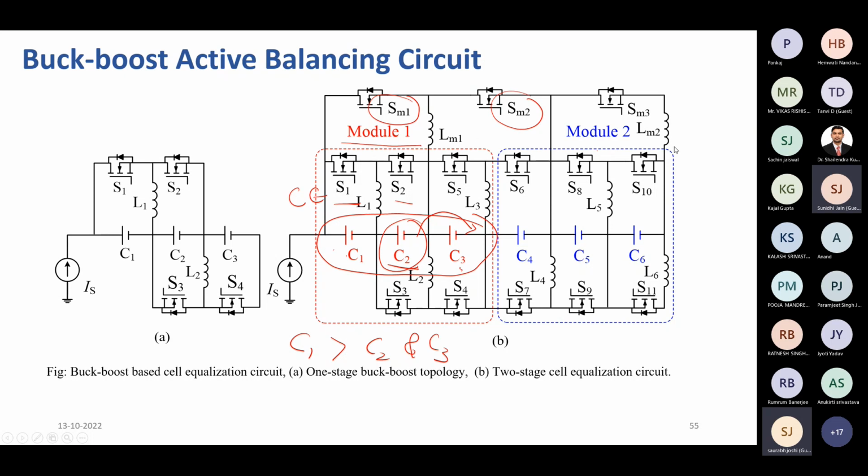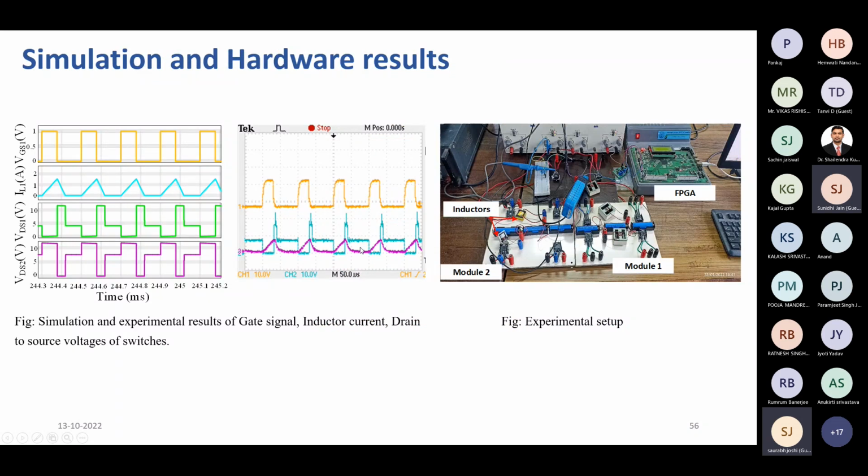First we initially balanced the two modules, then we finally balanced all the three cells, so almost six cells. We have just given examples of how it can be done for a six-cell pack. Each cell is about 3.x V, so almost 12 V, and it can be multiplied for a 48-volt battery. We have done a small experimental setup.